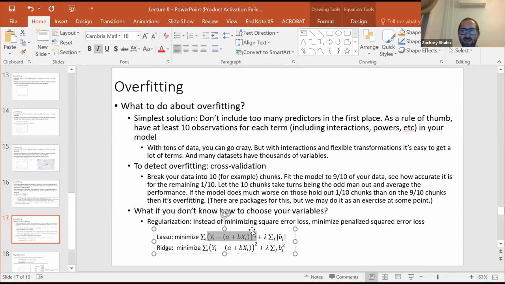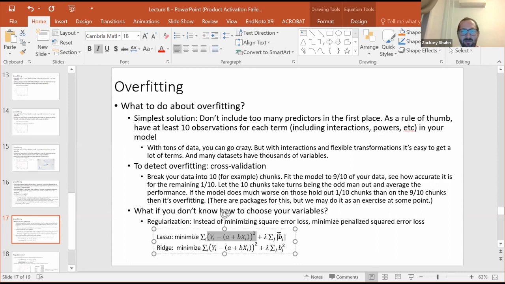So that's trying to fit the data as well as it can. A penalized regression says minimize that plus a penalty for how large your coefficients are, how many of them are far from zero. So it's saying you have a bunch of coefficients b, like b1, b2, b3, right?